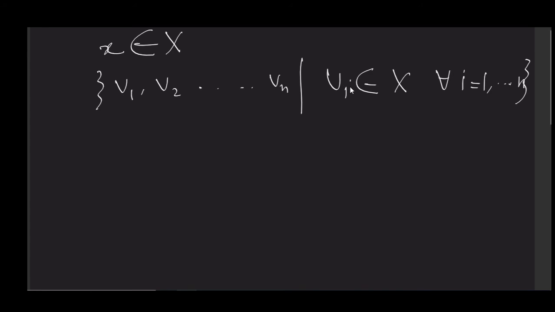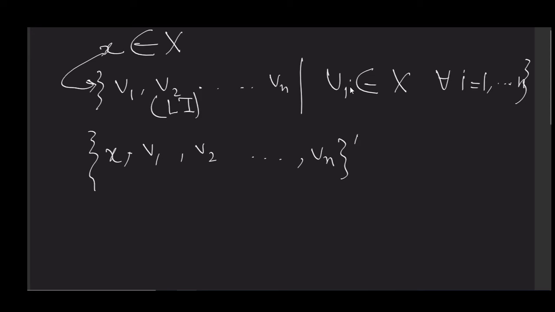So what I am going to do, I am going to add it here. So it will become x comma v1, v2, vn. So what is my claim? That although this one was linearly independent, this one becomes linearly dependent. So how can we show this?